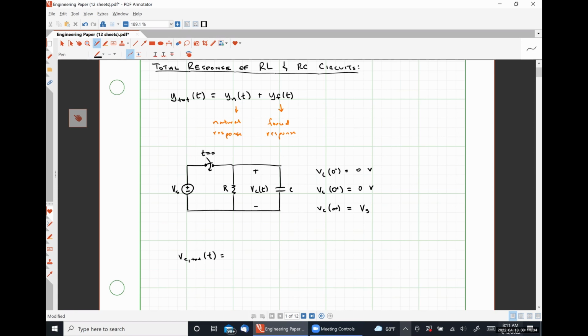So that would be VC at 0 plus e to the negative t divided by RC plus VC at infinity.